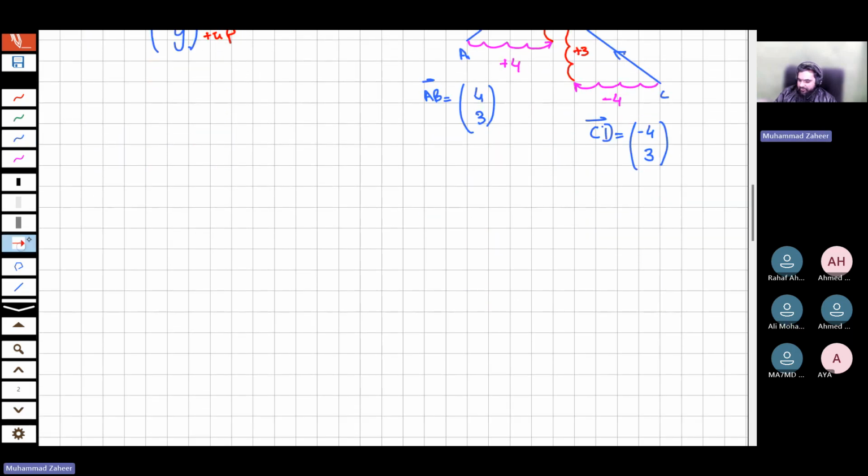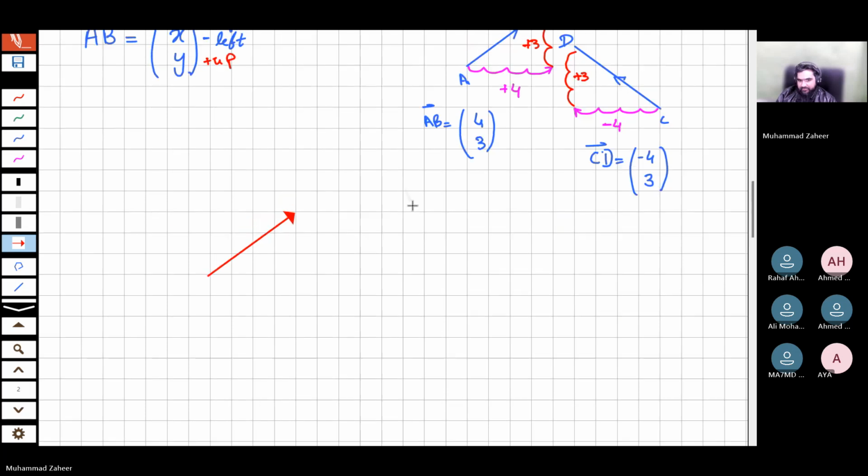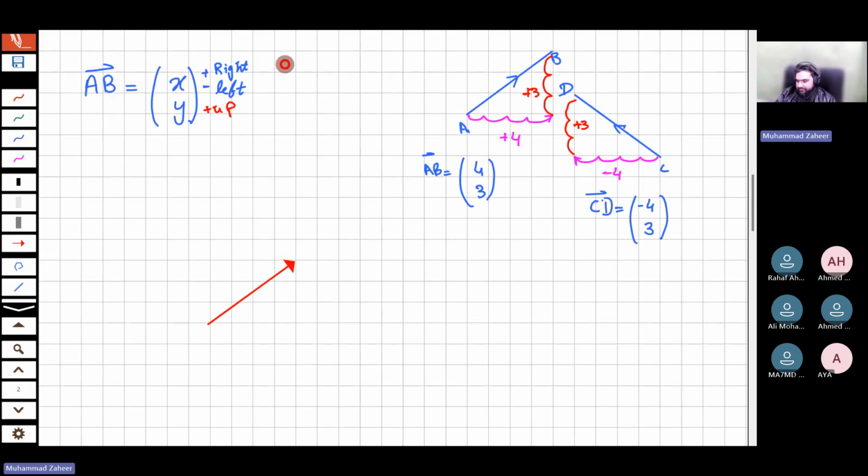All right, I'm just going to draw two vectors. Just tell me the vector in this format. This is the vector A, and this is the vector B. Tell me the vector A, the X value and Y value.